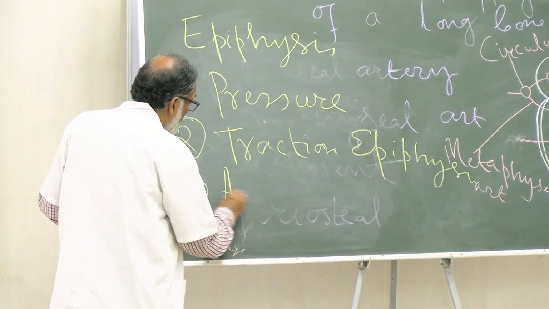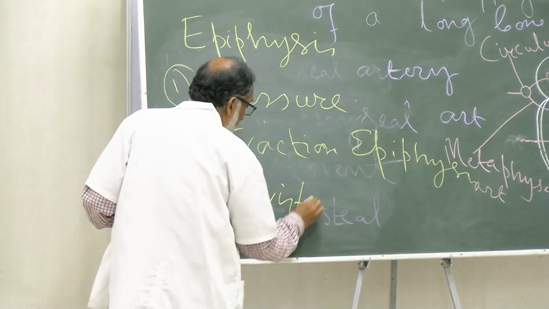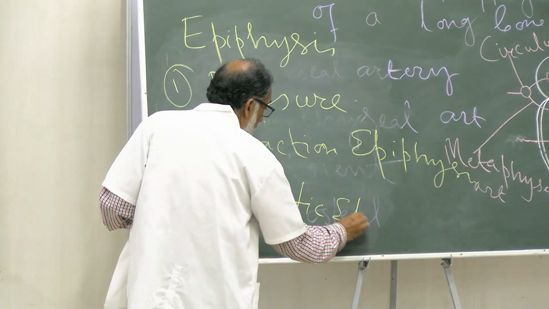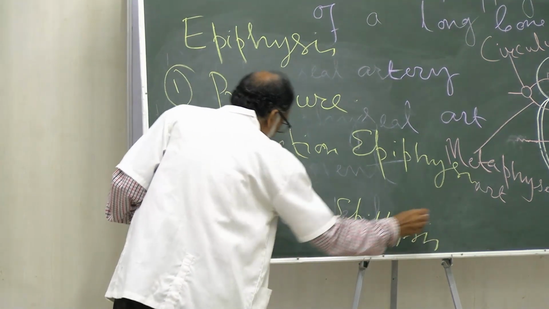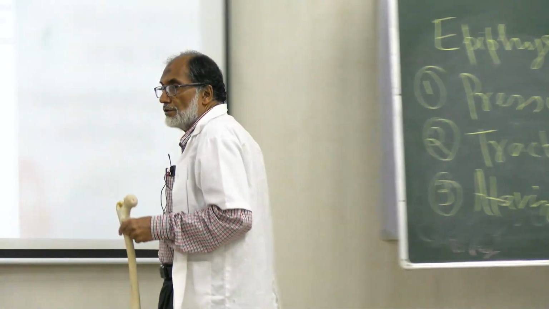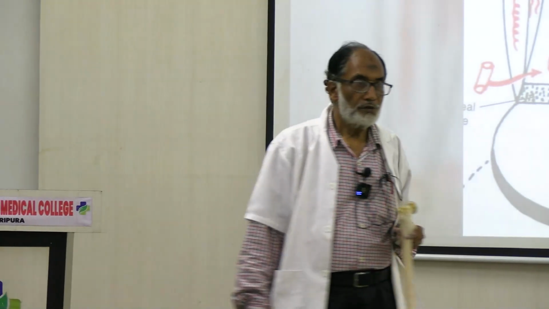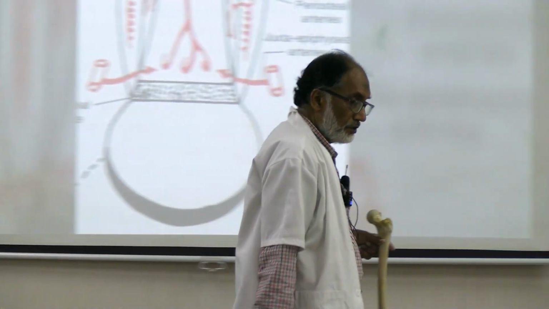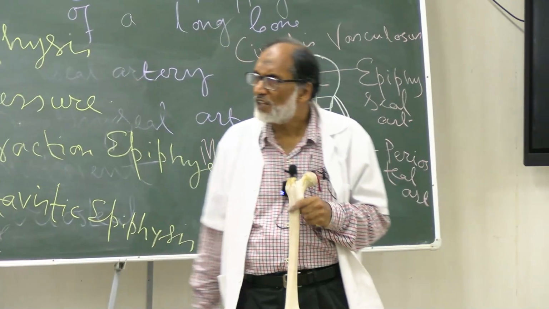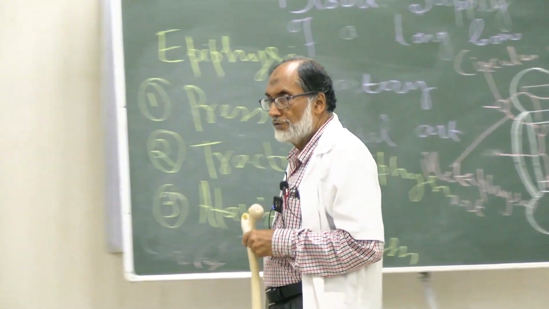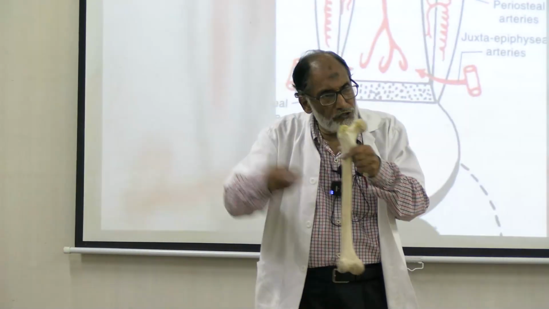Number three, atavistic epiphysis. This atavistic epiphysis is present in some lower animals because of the evolutionary process.